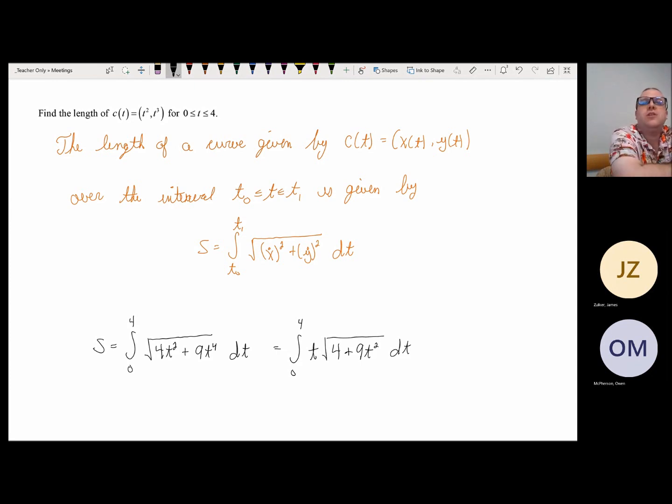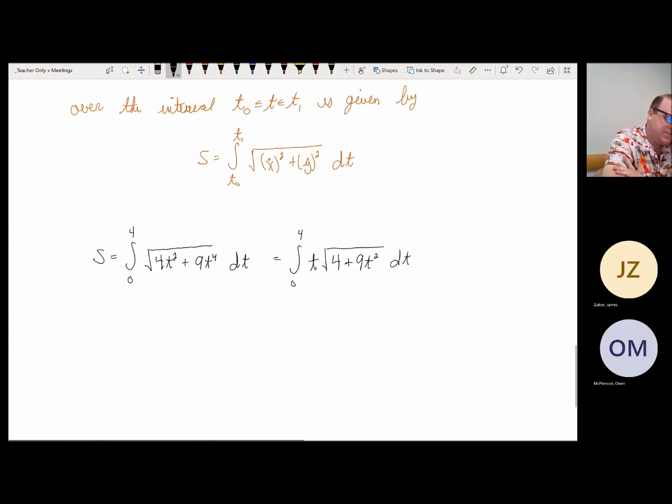We can factor out a t squared from under the radical. The square root of t squared over this interval is just positive t, because t is positive on 0 to 4. The derivative of 4 plus 9t squared is 18t.